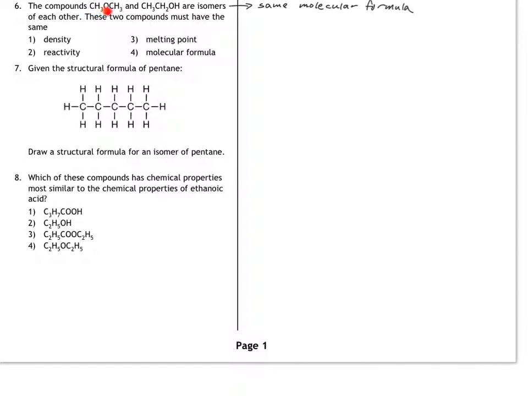So CH3OCH3 is really a C2H6O. And the other guy, the CH3CH2OH, that's also C2H6O. So I'm just proving that they have the same molecular formula. But in any case, that would be also our answer. These 2 guys have to have the same molecular formula.